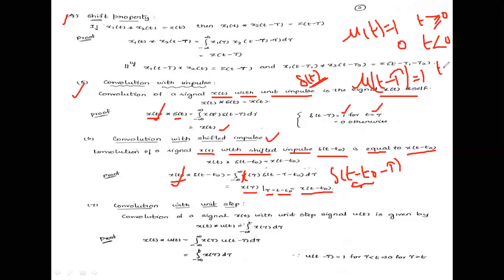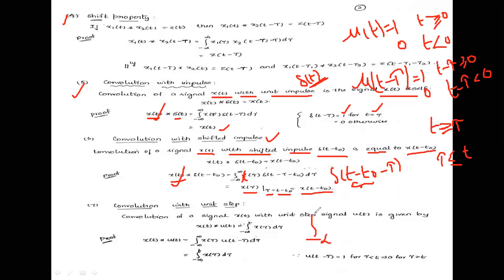It is 1 for t minus tau greater than or equal to 0 and 0 for t minus tau less than 0. So forget about the 0 values. What is the 1? t minus tau greater than or equal to 0 means tau is less than or equal to t, so from minus infinity to t, the upper limit.